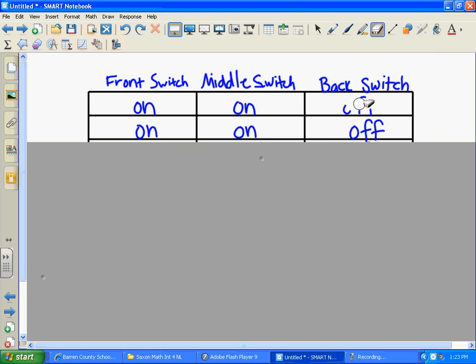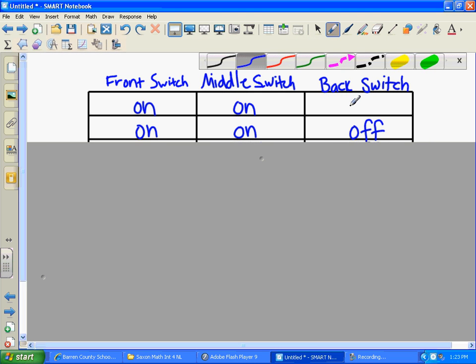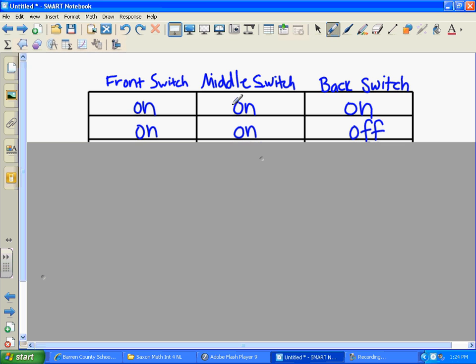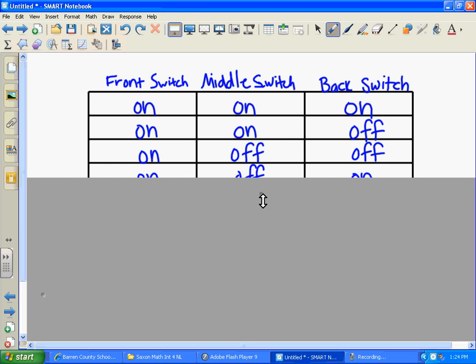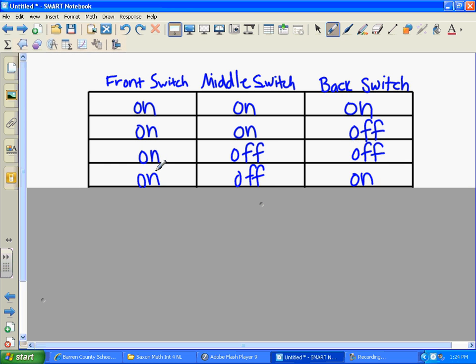This first combination is supposed to be all on, okay? On, on, on. Okay, the next combination, let's keep the first 2 on and just turn the back one off. This time, let's keep the front one on and turn the middle and the back off. And finally, let's see, we could do on, off, on. We haven't done that one yet.